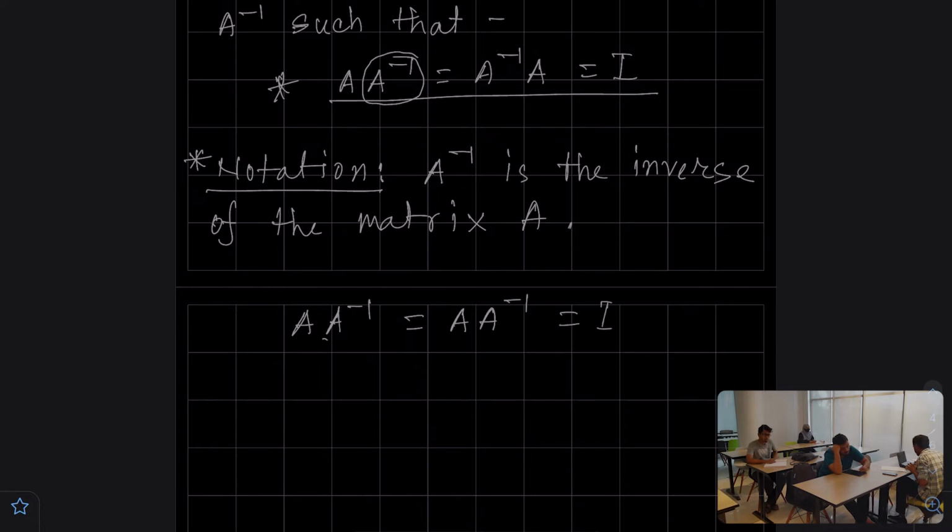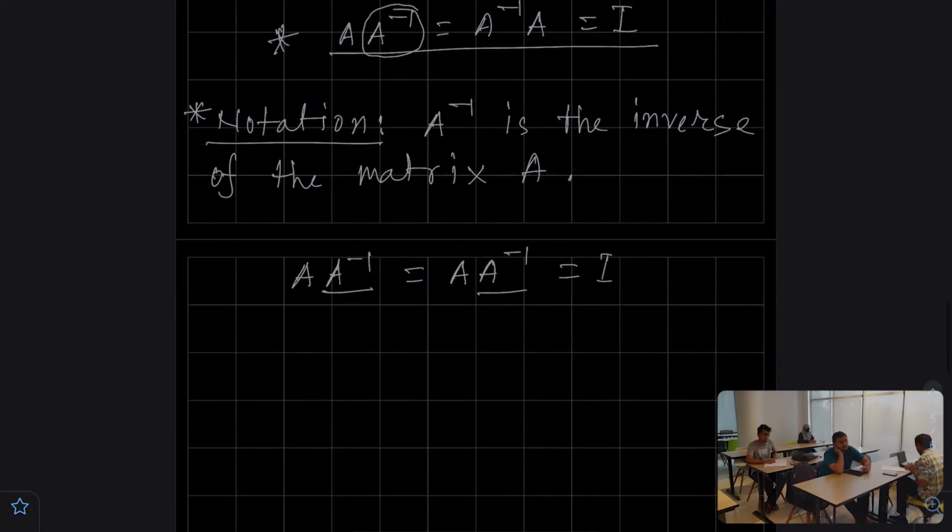So if I consider this A inverse matrix, this is also invertible. That means there exists an inverse of this A inverse, and from this equality, that is actually A, right?